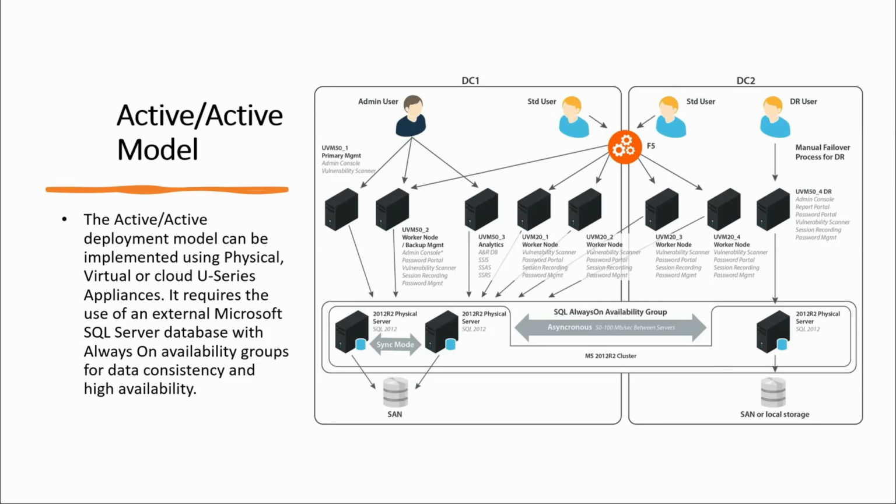So that's your active concept or active model in BeyondTrust. CyberArk supports the distributed vault only on physical machines; it is not supported on the cloud. But this active model is supported on physical machines and also on cloud and U Series appliances.